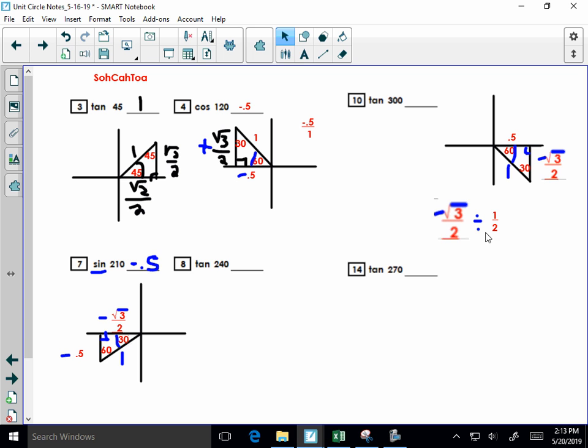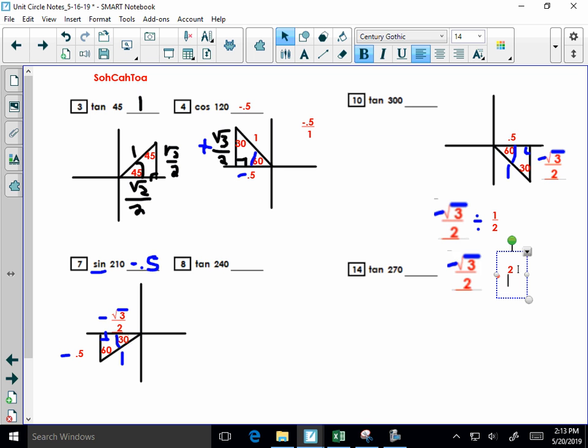Okay, now we need to remember in division of fractions that our rule for dividing two fractions is to change the division sign to multiplication and then by the reciprocal. So whenever I ask you what division is, you should be telling me it's multiplication by the reciprocal. So now I'm going ahead and changing that to negative square root of 3 over 2 times 2 over 1.